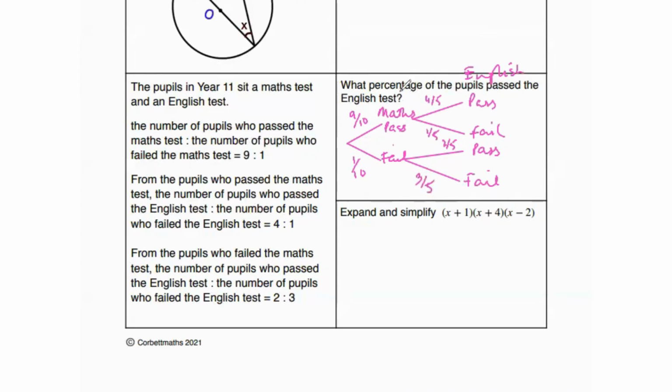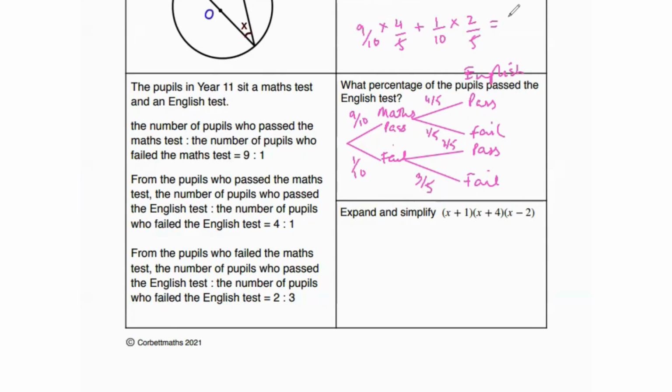So they want us to figure out the percentage of the people who pass the English test. So that's going to be, I'm going to do it over here, 9/10 times 4/5 or 1/10 times 2 over 5.